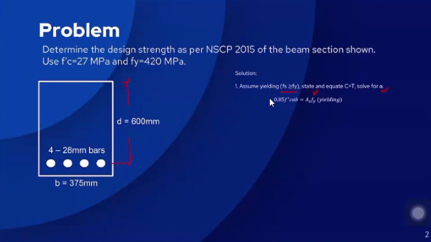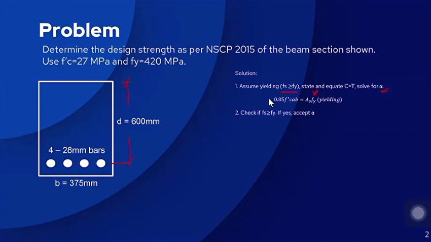We assume yielding condition. Next is to check whether this still yields. So sa first step, nag-assume lang tayo pero hindi natin sigurado kung nag-yield ba talaga yung steel mo. So we check if Fs is greater than or equal to your Fy. If yes, we accept alpha or the value of alpha.